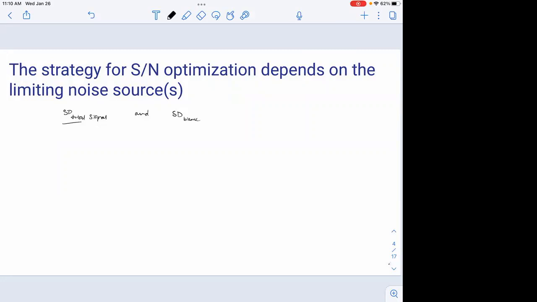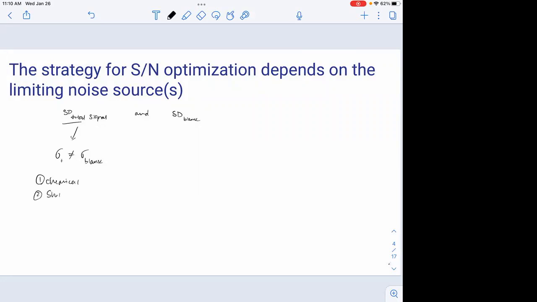So if the total RMS noise, I'm going to call this T for total, is not equal to the noise inherent in the blank, then you know that you have some amount of noise coming from your analyte of interest. That could be chemical noise, shifting equilibria, inconsistent laboratory conditions, etc.